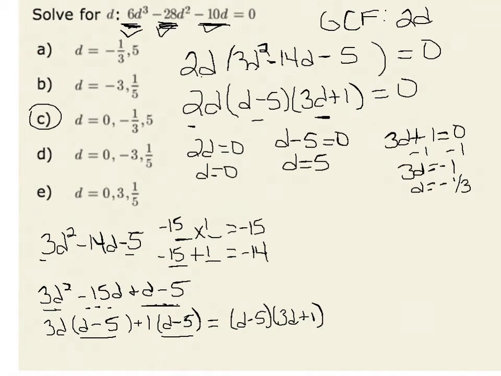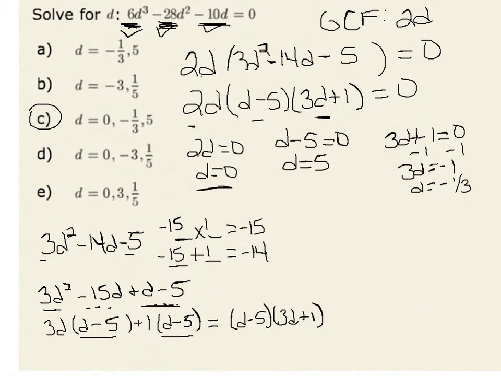In order to verify my solution, I could substitute in d equal to 0, d equal to 5, and d equal to a negative 1/3 into my original equation to verify that my left-hand side would indeed be equal to 0.